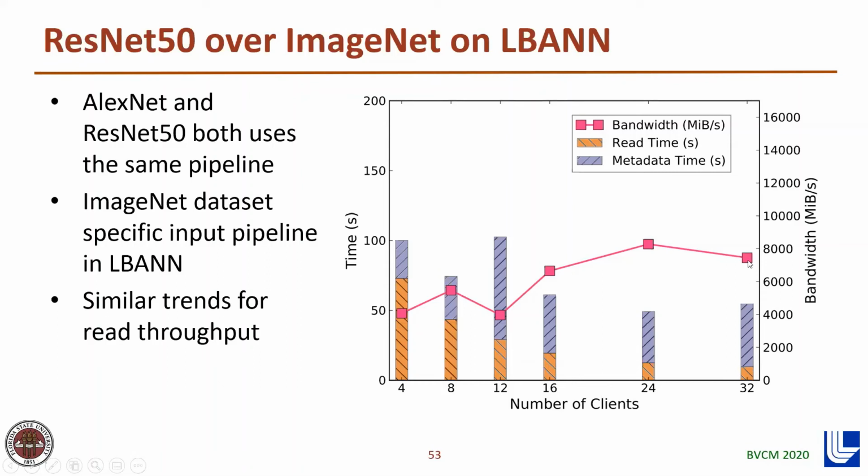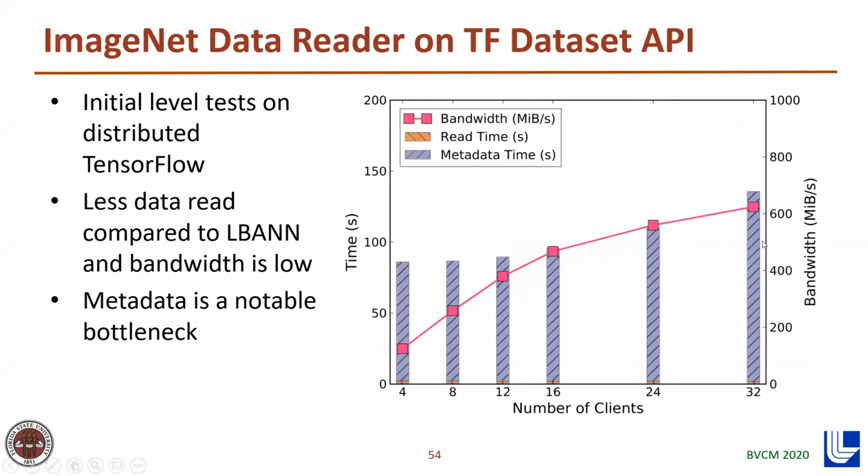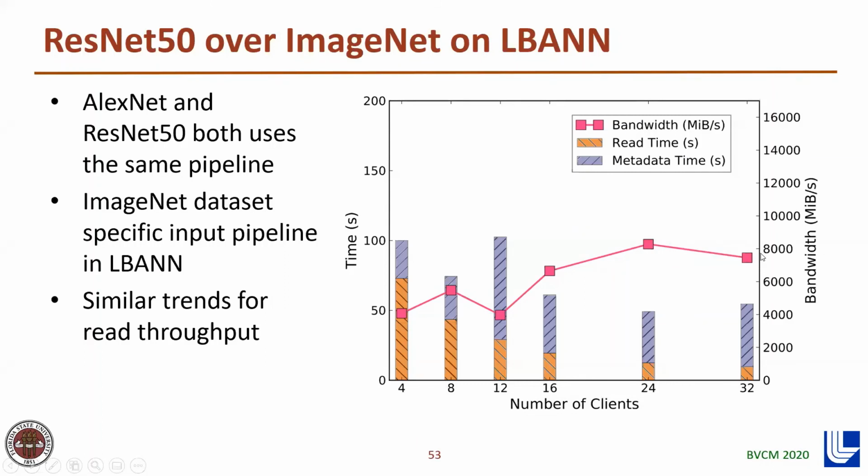And in both of the cases, the bandwidth was okay, because in our varying transfer size results, we got that for 128 kilobytes transfer size, we had around 8 gigabytes per second bandwidth.